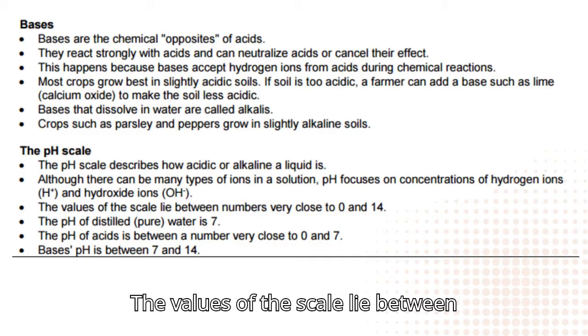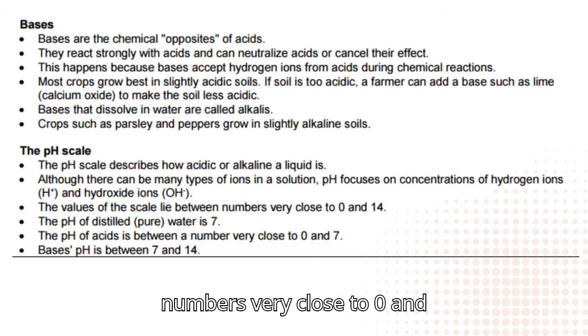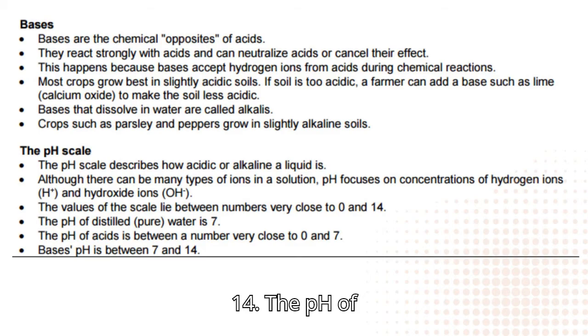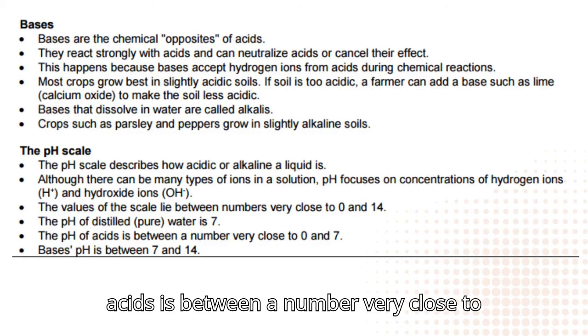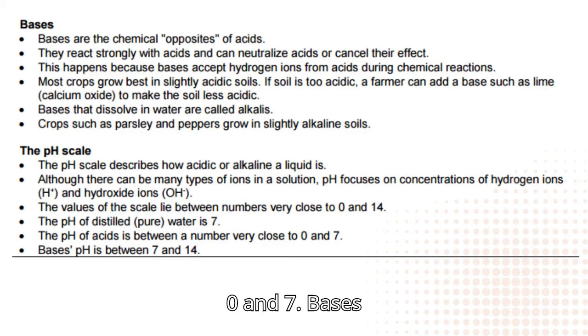The values of the scale lie between numbers very close to 0 and 14. The pH of distilled, pure water is 7. The pH of acids is between a number very close to 0 and 7. The pH of bases is between 7 and 14.